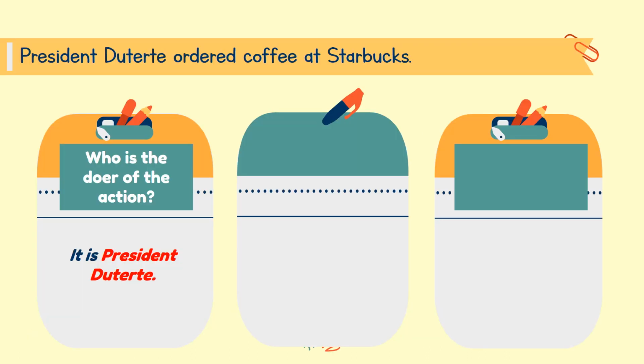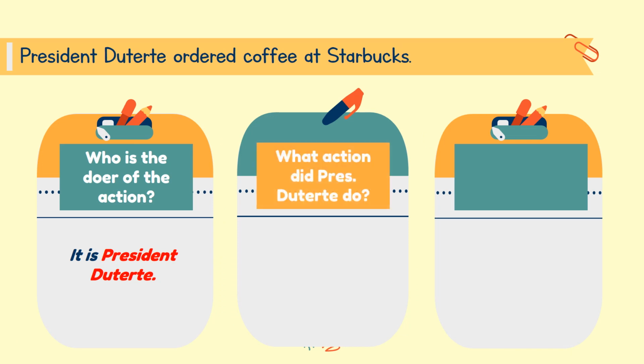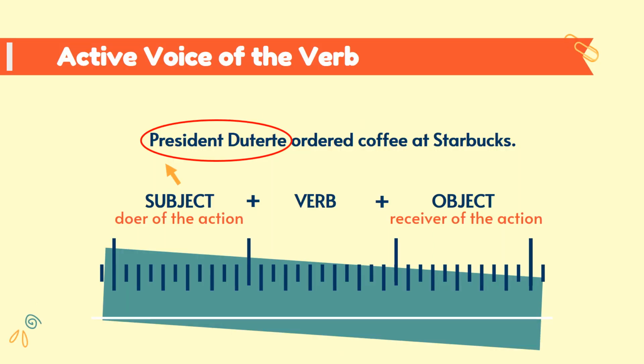Next question. What action did President Duterte do? He ordered. Since this is the action done by President Duterte, the word ordered, therefore, is our verb.